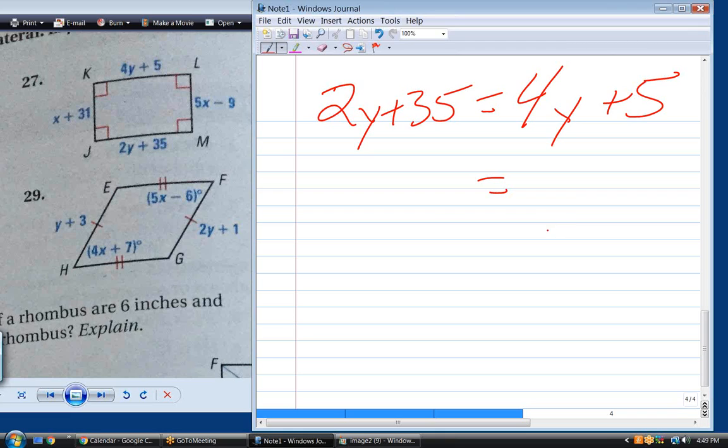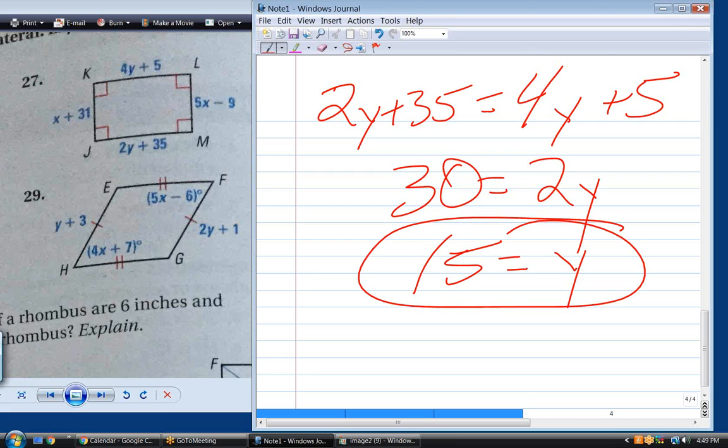No, you don't need a calculator. Which side am I going to put the y's on? The right. Okay, what are they? 2y plus 5 equals 35. Okay, now which side am I going to put the numbers on? The left. So what number goes on the left? 30. What's y equal to? 15.